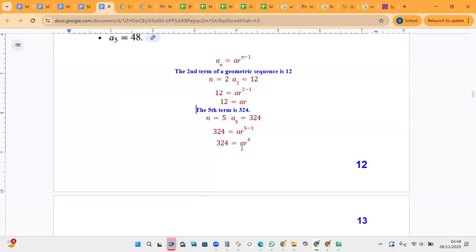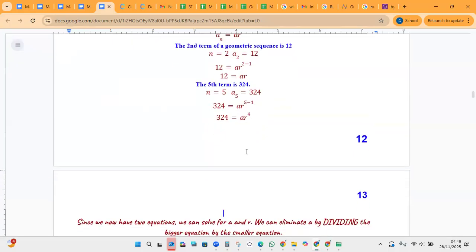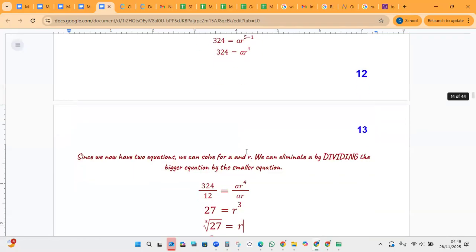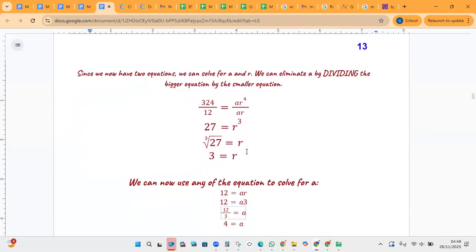Since A and R raised to the 4 are multiplying, we can divide the equations to cancel out A. A divided by A is 1. Since we now have two equations, we can solve for A and R. We can eliminate A by dividing the bigger equation by the smaller one.